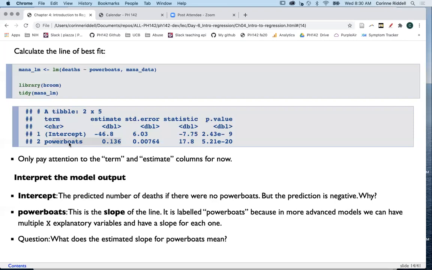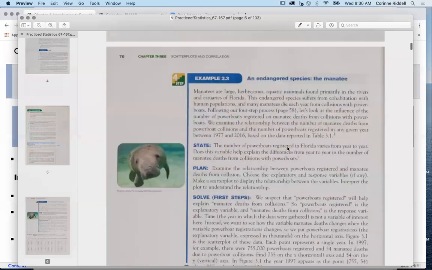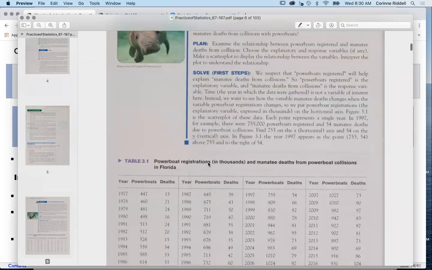Okay, and powerboats is the slope term, but one thing that I didn't make clear in the slides is that in the original example, if you go look at the data, the powerboat registrations are actually in thousands. So this 447 represents 447,000.